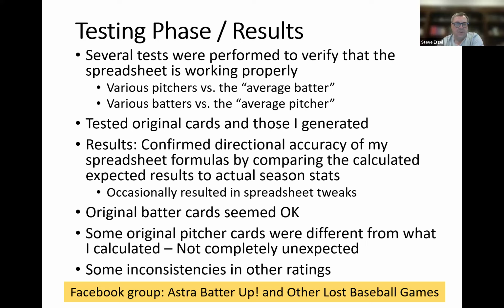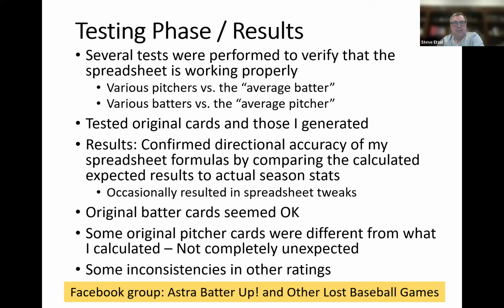And one methodology I came up with is to develop a card for the average batter and a card for the average pitcher, and then match up various pitchers and batters against those average cards, and calculate what that matchup would produce and see if the statistics are close to the original statistics of the player.